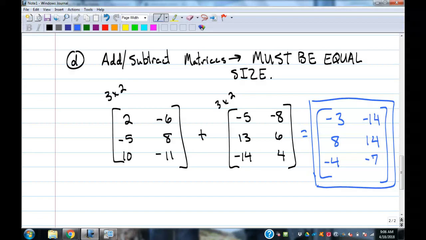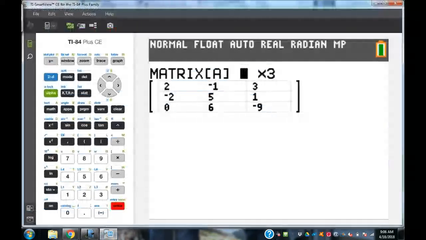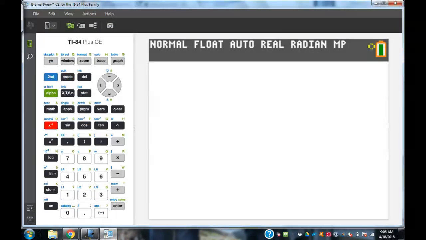A lot of button pushing to get it to do just addition, but you can do that. If you forget that they've got to be the same size, and you try to add maybe a 3 by 2 and a 2 by 3 together, your calculator will say dimension mismatch. I think I actually can show that error here, maybe.